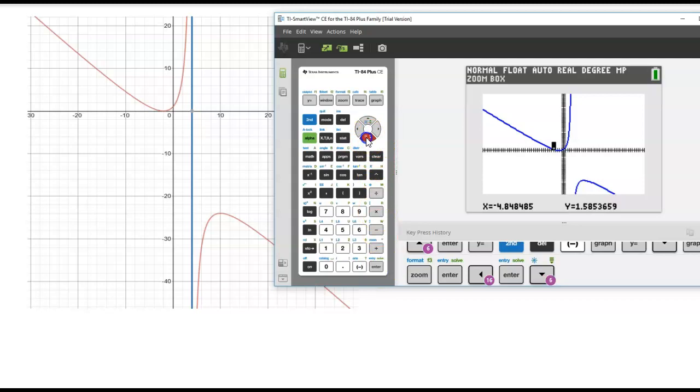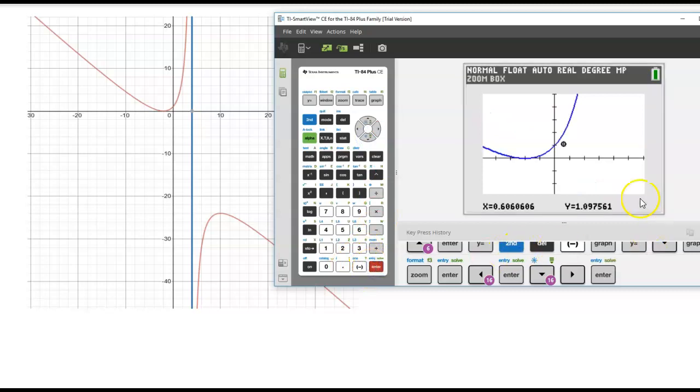You start with one corner of the box and then you go up or down and then left or right until you get the other. And sure enough, it looks like the x-intercept is -2. The same thing over here. And it looks like the y-intercept here is 1.